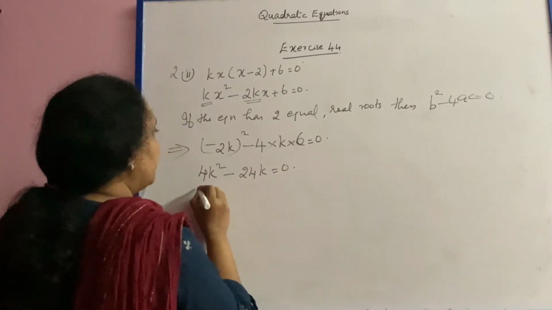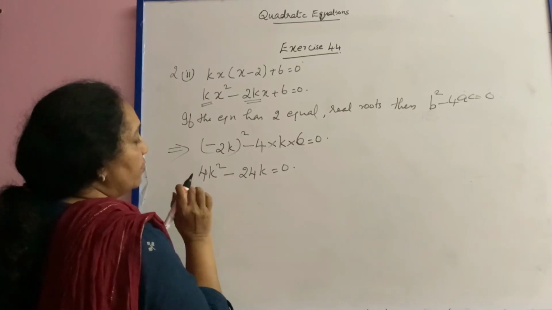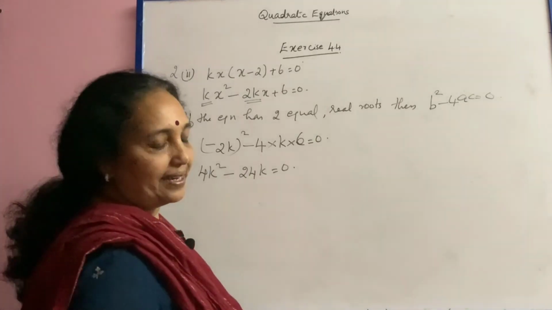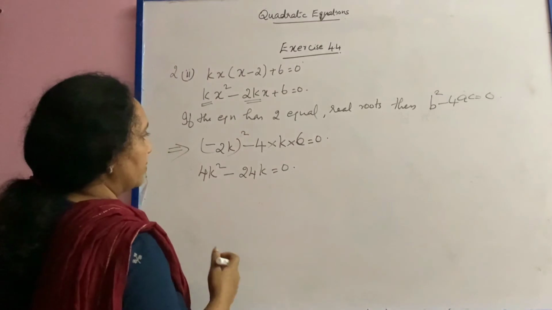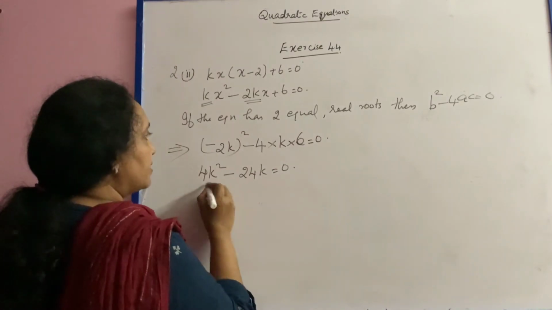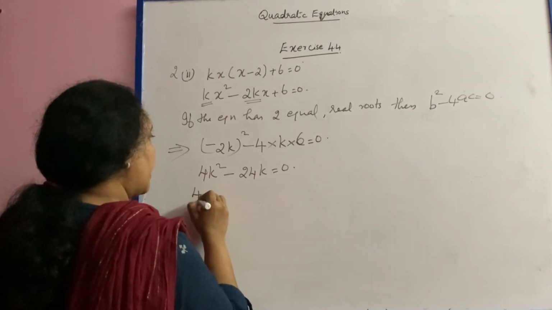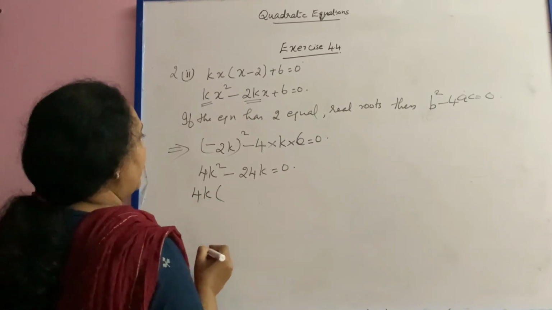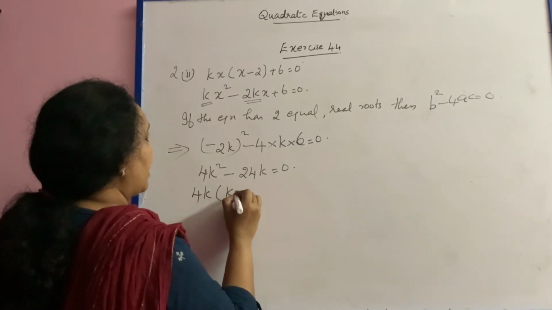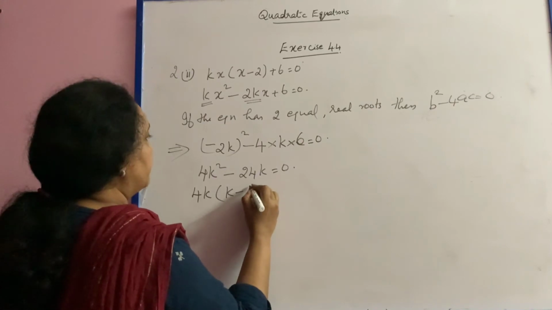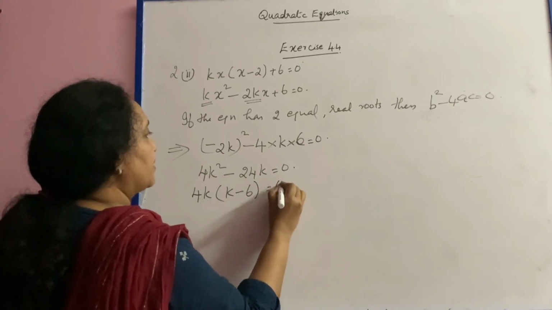Now here we got a quadratic equation in k. Factorize that equation. What is the common factor here? 4k is common. 4k into k minus 6 is equal to 0.